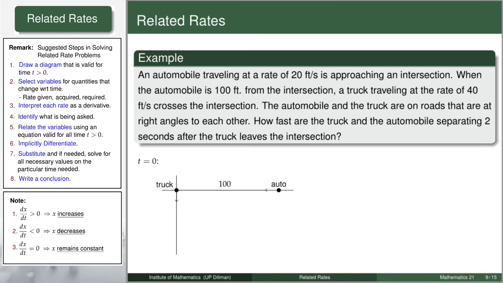So what I will be doing is drawing a proper or a better diagram, in this case, something of this form. Because when the truck leaves the intersection, it will now be far from the intersection and there will be a distance between the truck and the intersection. While the automobile will not be 100 feet away, but it will be somewhat closer to the intersection than before.